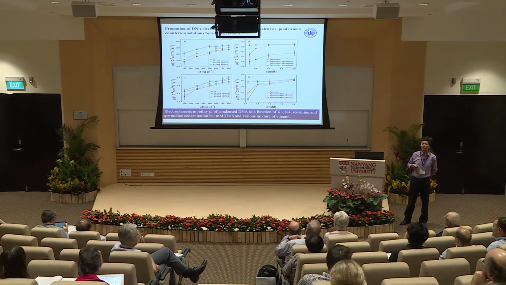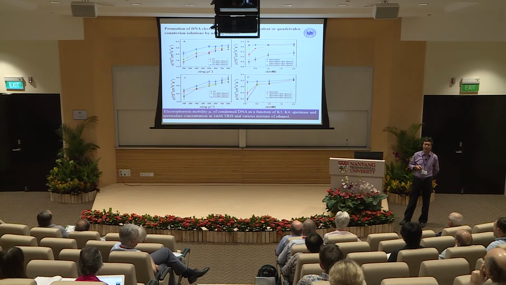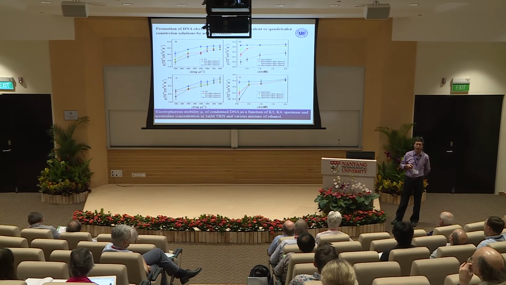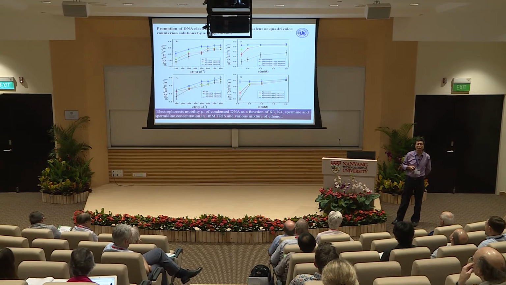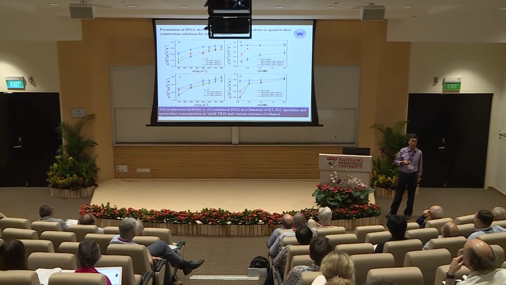People argue that maybe the electric interaction or physical interaction plays a key role, or that it is due to some kind of specific interaction like chemical binding. So here we show if it is because of electrostatic interaction, we can change the dielectric environment, like we can change the dielectric constant.